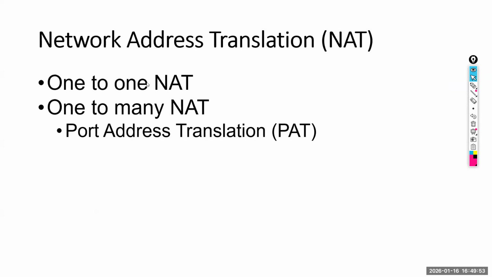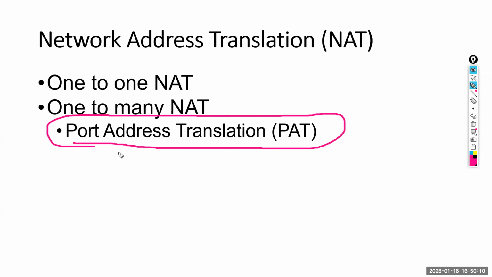As I told you, it can be one-to-one, that is, one private IP address mapped to one public IP address, or one-to-many, that is, one public IP address mapped to many private IP addresses. In that case, we use something called port address translation. We use port addresses to do that. So that is a special case of NAT.